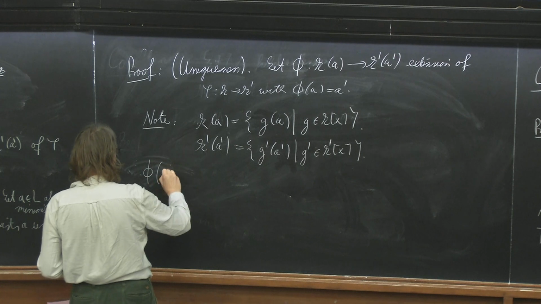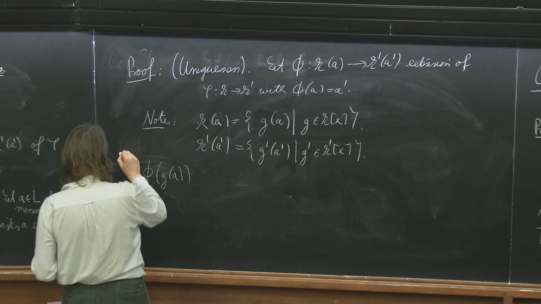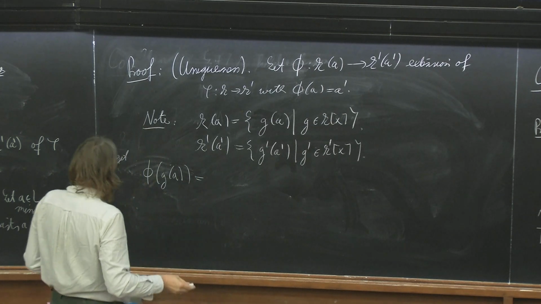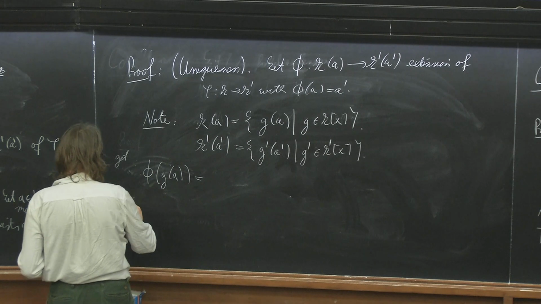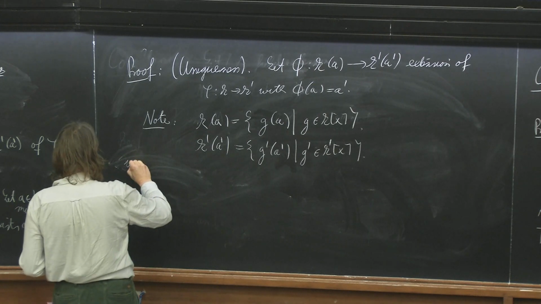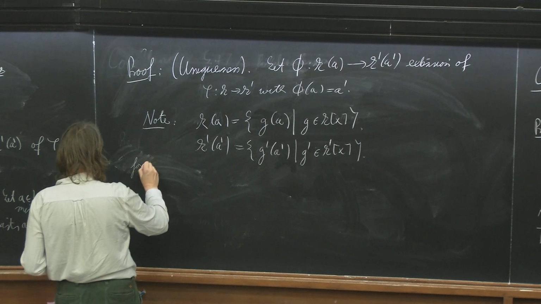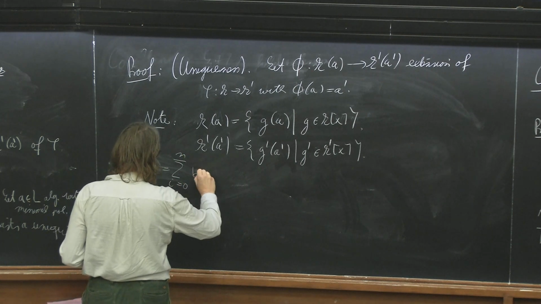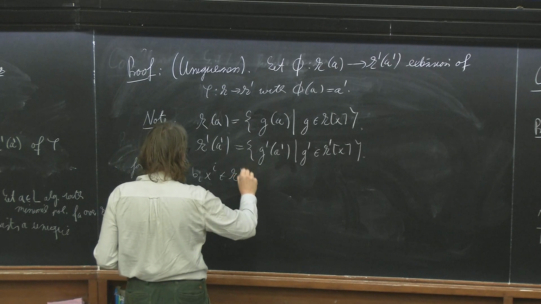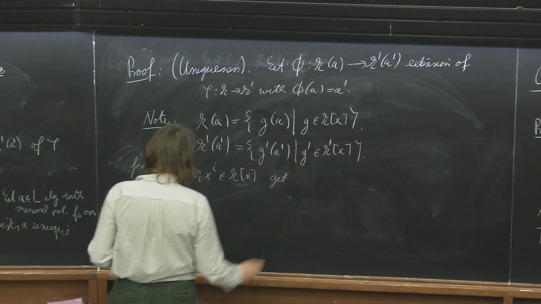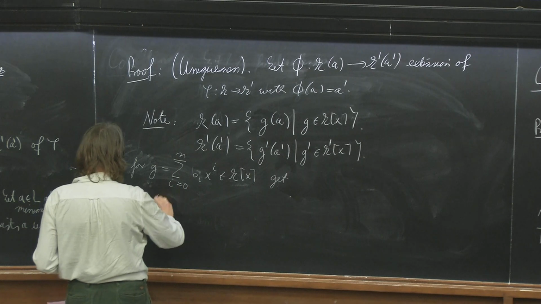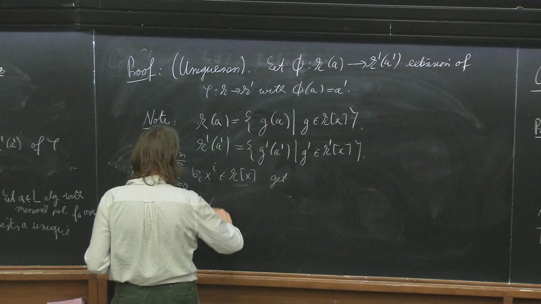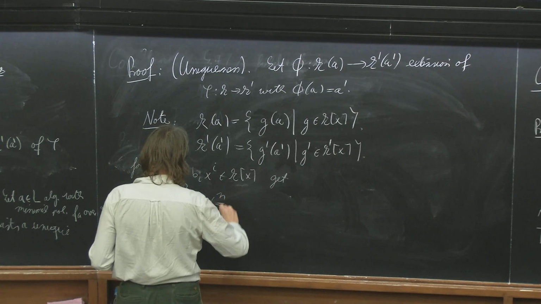So we get phi of g(a). Well, maybe I first write g as the sum of b_i x^i in K[x]. We get that phi of g(a) equals phi of the sum from i equals 0 to n of b_i a^i.